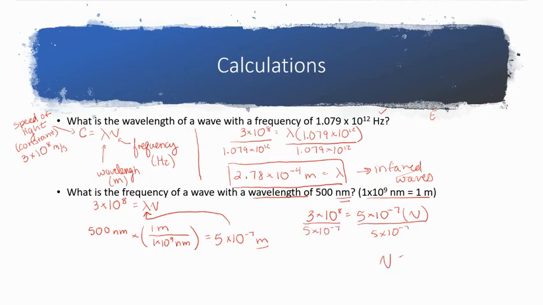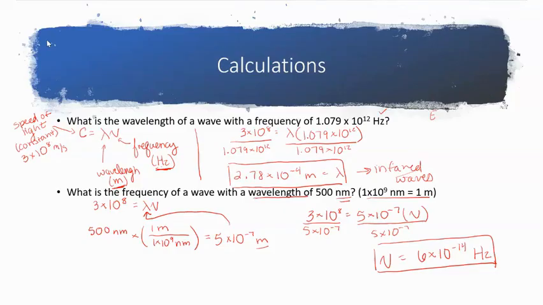And we should find that our frequency here is 6 times 10 to the negative 14, and that's going to be measured in hertz since we're looking at frequency. So make sure before you plug values into your equation that your wavelength is always in meters and that your frequency is always in hertz.